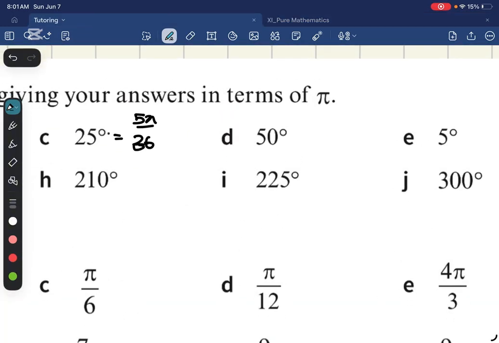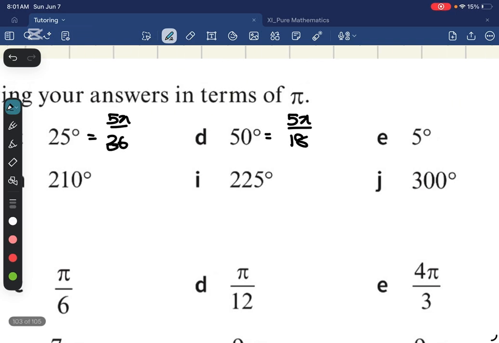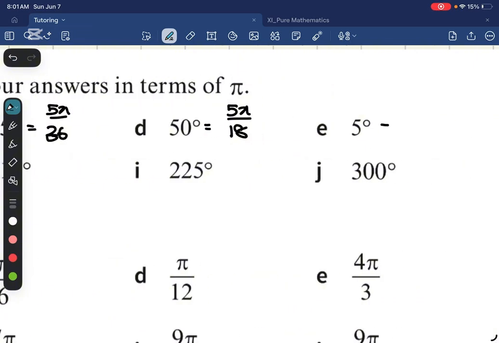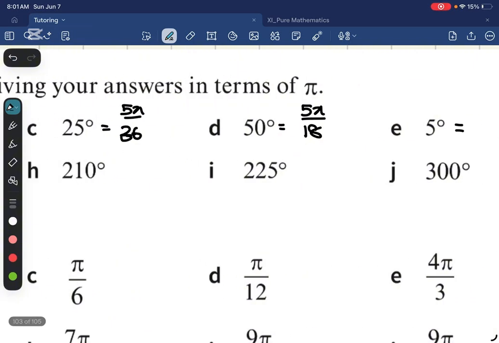So now, if 25 degrees is this, 50 degrees is just going to be the double of it, right? So 50 degrees is just going to be the double of 5 pi over 36, and you are going to get 5 pi over 18 radians, right? If 25 degrees is 5 pi over 36, 5 degrees is just whatever this is divided by 5.